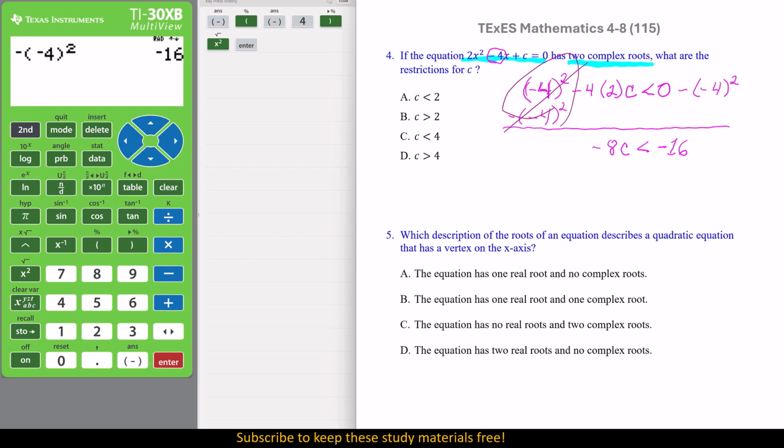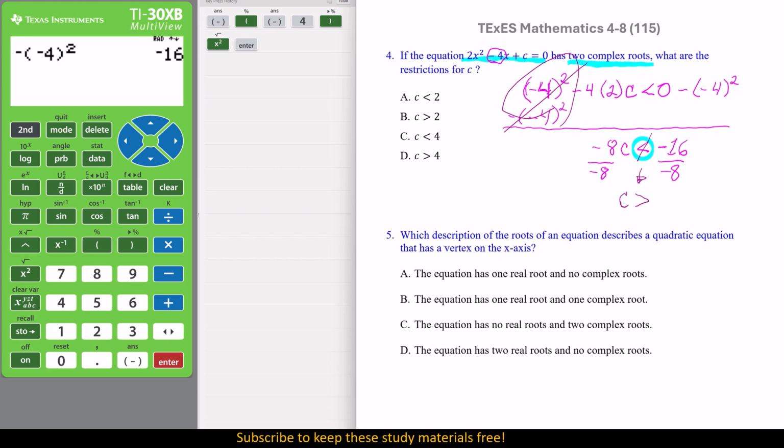Now, you need to know the properties. When I divide both sides by negative 8, this inequality sign I can no longer use as is. I need to flip it around.